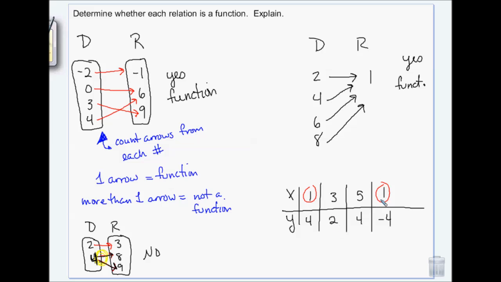I have 2 1s, and then I look at what they go to. If these 2 numbers here were the same, this would be okay, because I'd say 1 goes to 4 and 1 goes to 4. Except it's not the same. It's negative 4. That means my x value of 1 is going to 2 different y's. That's not okay, so that's not a function.